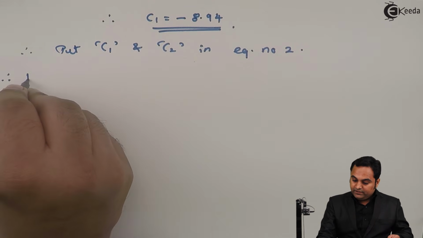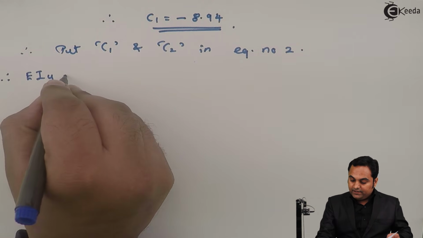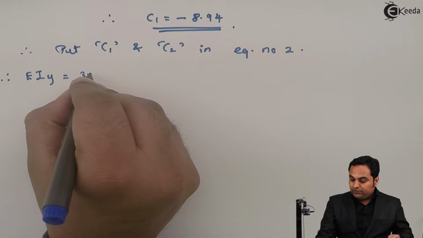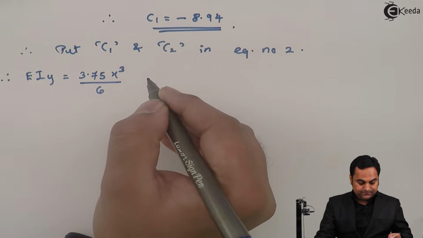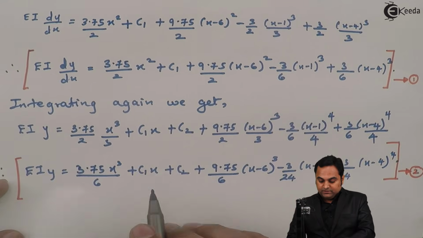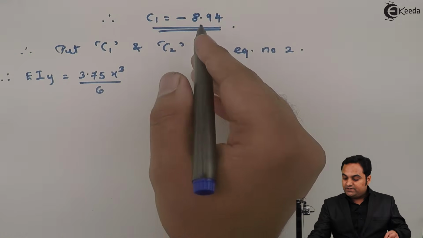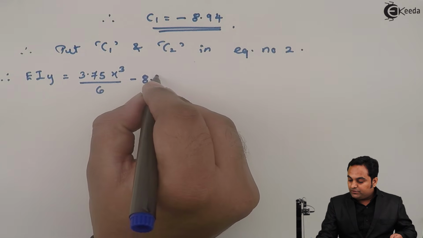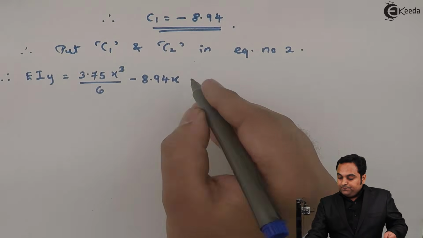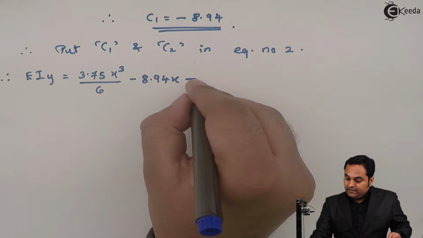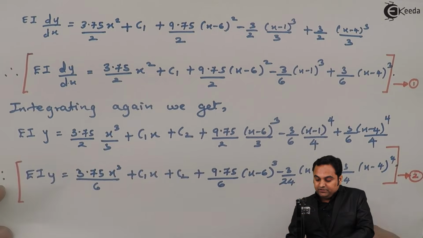So we have EI into y is equal to 3.75 x cube by 6. Now it is plus C1 into x, so C1 is minus 8.94 into x, plus C2 is 0, so no need to write that term. I'll copy the remaining terms as it is.